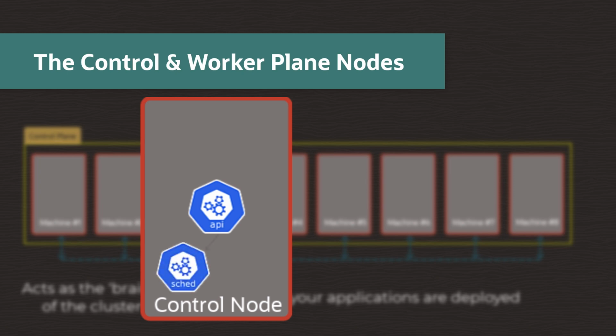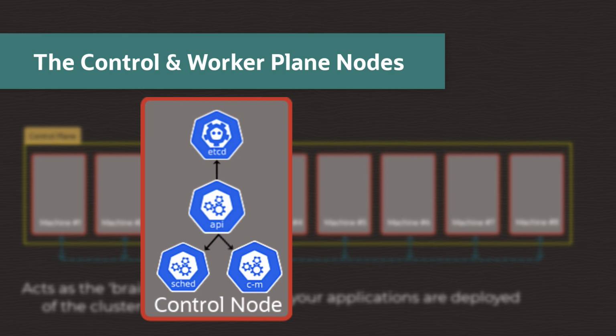A scheduler process. This controls and tracks which worker node each application is executing on. Controller process. These act on deployed applications via the API server requests. etcd. This undertakes all of the networking functions and routes network traffic.